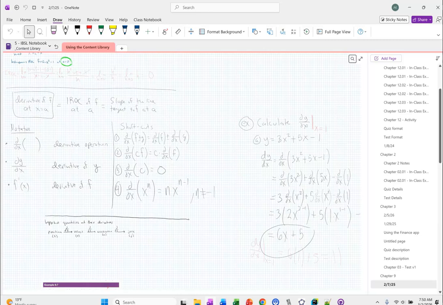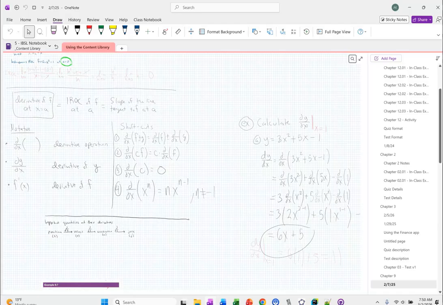So we wrote out some notations that we'll use for a derivative. We can use the d over dx notation, which means we're taking the derivative of this thing. And then I gave you a few shortcuts you'll use to actually find derivatives.